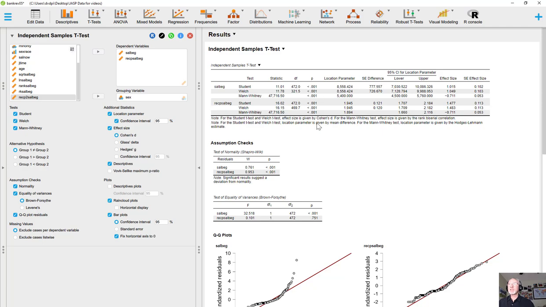Having covered my bases, knowing that I get a significant result in any of those cases, if reviewers come back and ask me whether or not my results could have been impacted by a violation of the assumptions, I can report, no, I get the same thing no matter how I analyze that data.